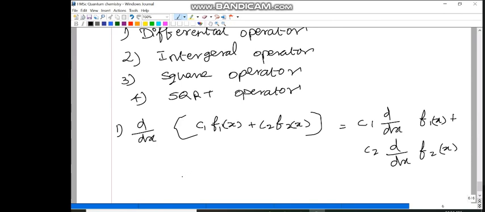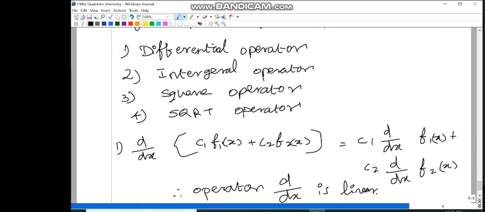So the operator d by dx is linear. We have seen already these things. So we can tell the differential operator is linear.